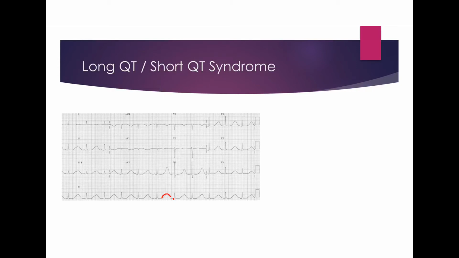If you measure the QT interval, which would be the start of the Q to the end of the T wave, you can see that it's clearly more than half of the corresponding R to R interval, which should automatically raise concern for prolonged QT, especially if the patient's heart rate is normal, which it is in this case.